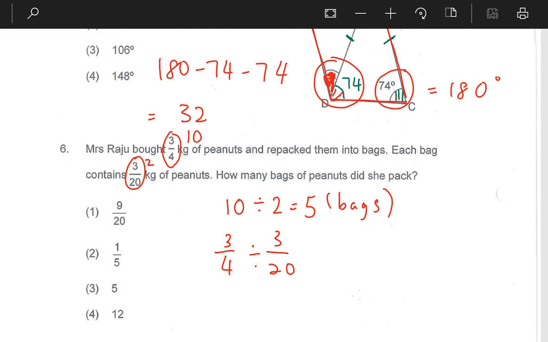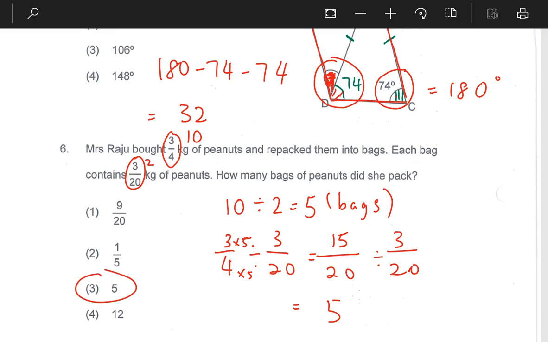And when you do your division, there's one way you can do by your normal flipping. Now what I would prefer to do over here is, for the purpose of being lazy, I can even change it to common denominator, and 15 divided by 3 is just 5. Because altogether there are 5 bags, and this has to be the answer.